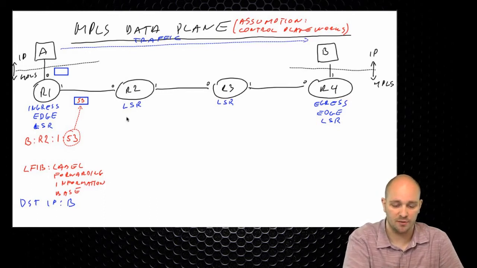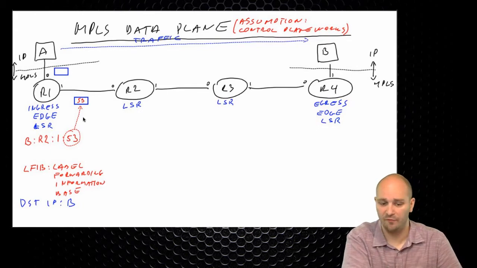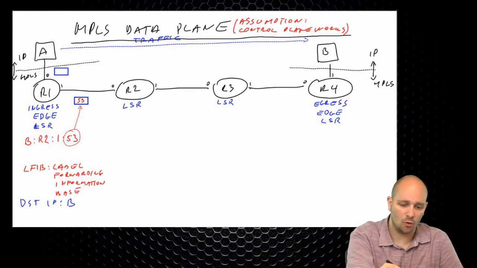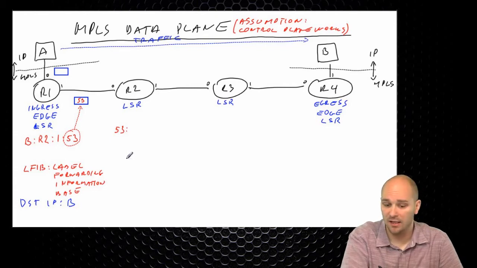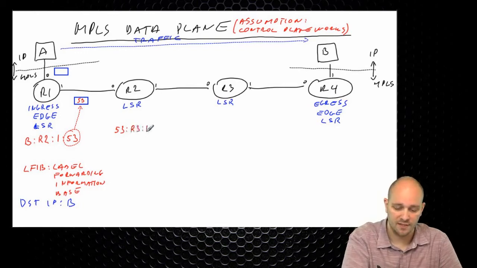Now, this packet with the label arrives to R2. R2 is just a label switching router. It is now receiving a packet with the label 53, and it's now looking up in its own LFIB. It's looking for entry that says, what should I do with the incoming label 53? Now, let's say that in its own LFIB, R2 has information that 53 needs to be sent to R3 out of interface number 1 with the label 71.